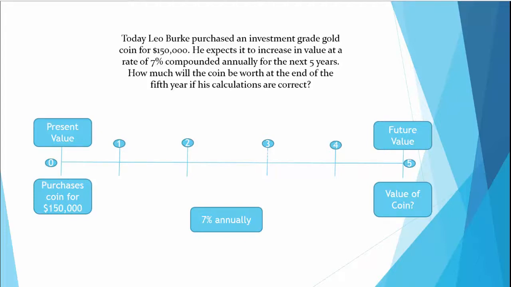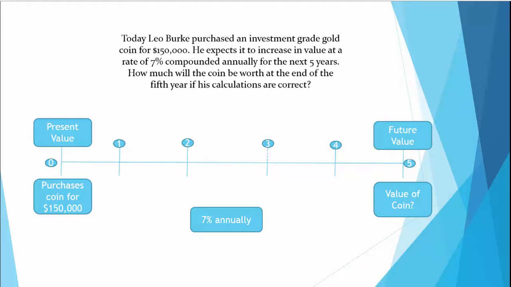Leo purchased the gold coin today for $150,000, so we know that is a present value, PV. He wants to know the value of the coin in 5 years, so that is the N. We also know from this that we are looking at the future value. Lastly, we know the interest rate is 7% compounded annually. We do not have to further convert the data because everything is compounded annually, and that is standard.